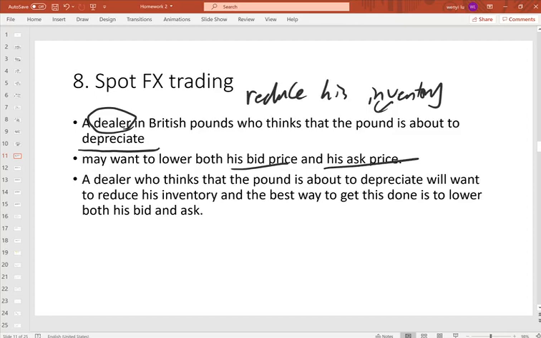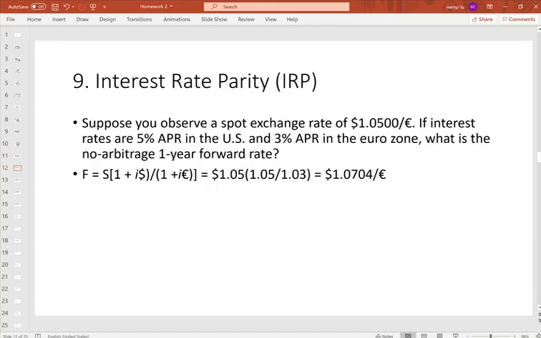For example, the dollar to the pound. The bid and ask spot rate now is, for example, 1.25 and 1.28. That's for the market, so the market has the quote.